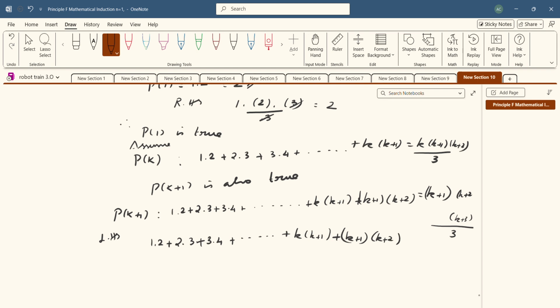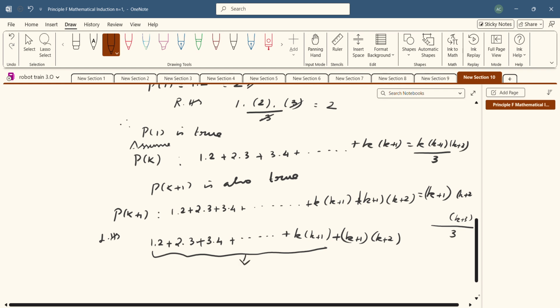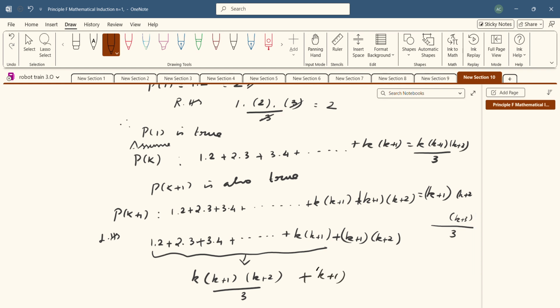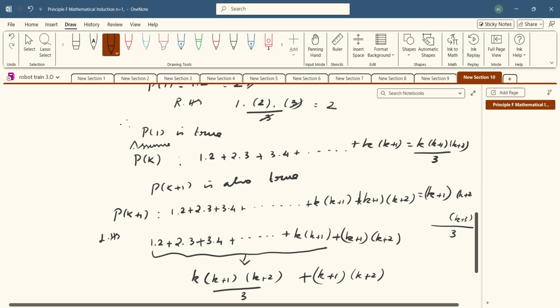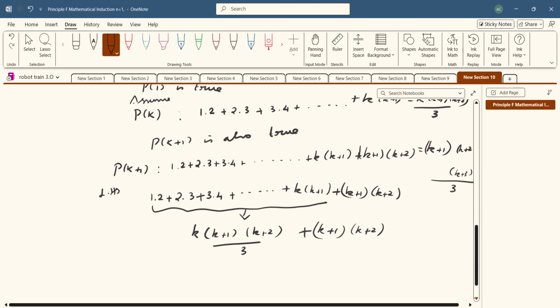We already assumed that P of k is true. That means from the start up to k into k plus 1, the sum is equal to k into k plus 1 into k plus 2 divided by 3. Adding k plus 1 into k plus 2, k plus 1 and k plus 2 are common, so take them outside.